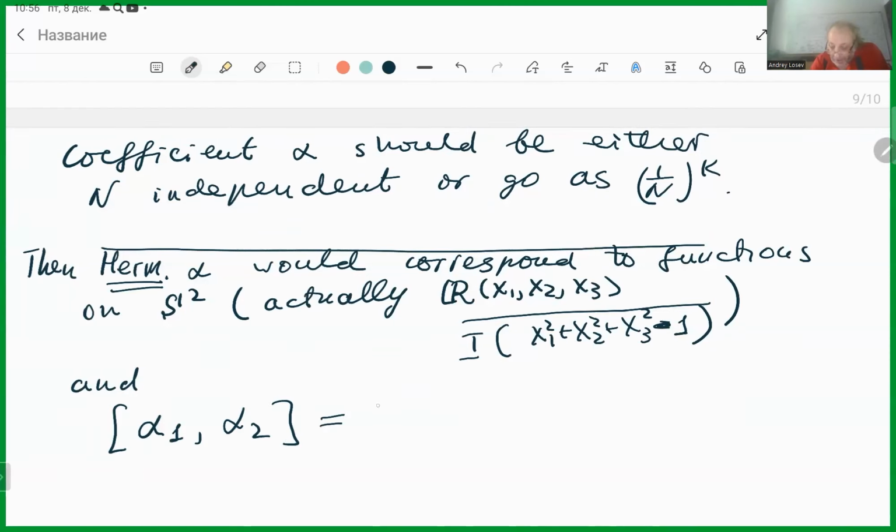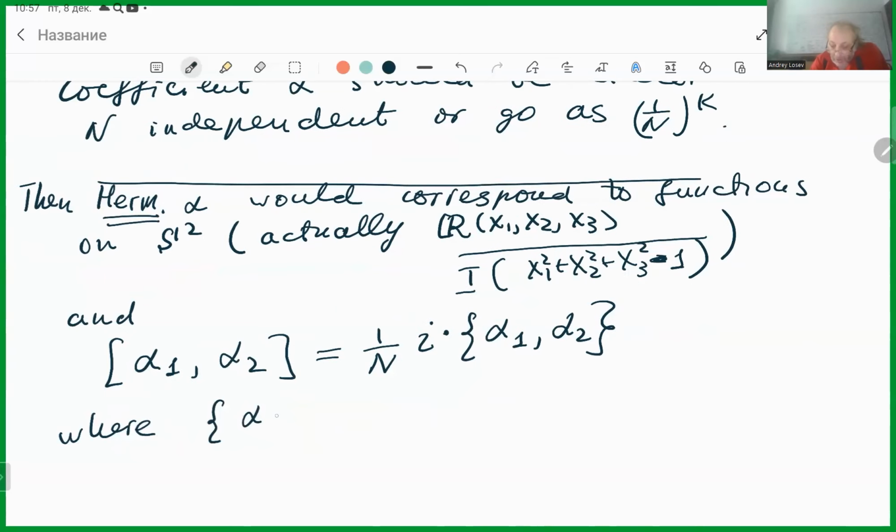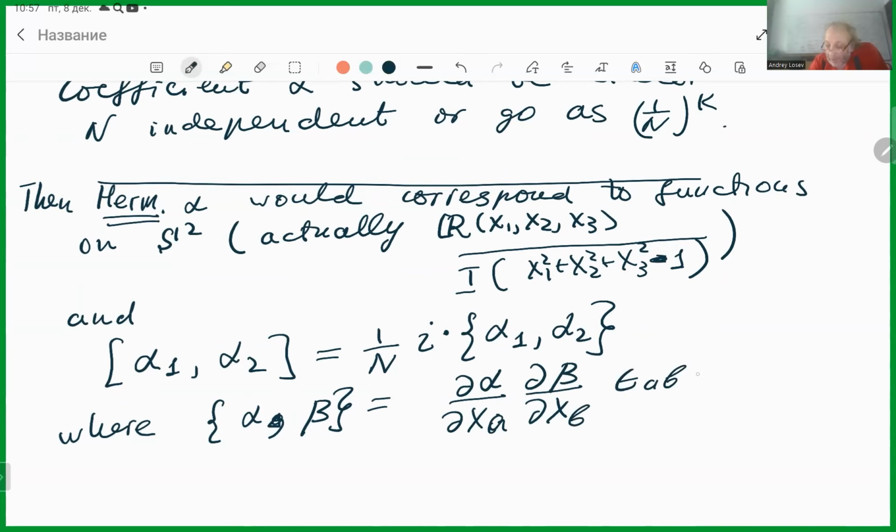This commutator would go as 1 over n, i, and what would stand here would be the Poissonian bracket, where the Poissonian bracket on alpha beta would be given by d alpha over dx_a, d beta over dx_b, epsilon_abc x_c.